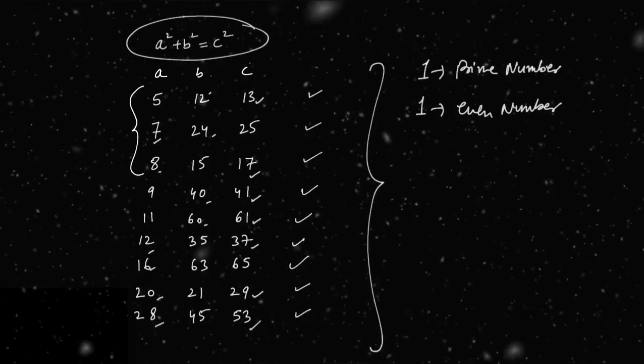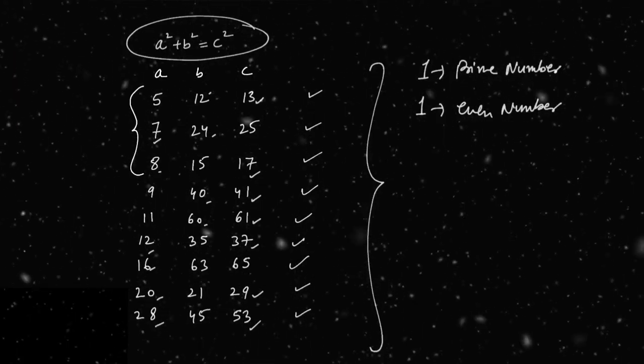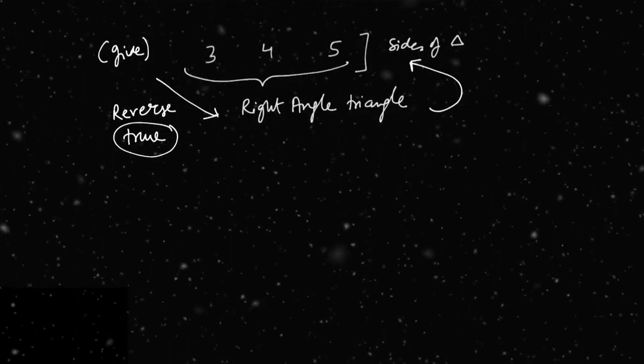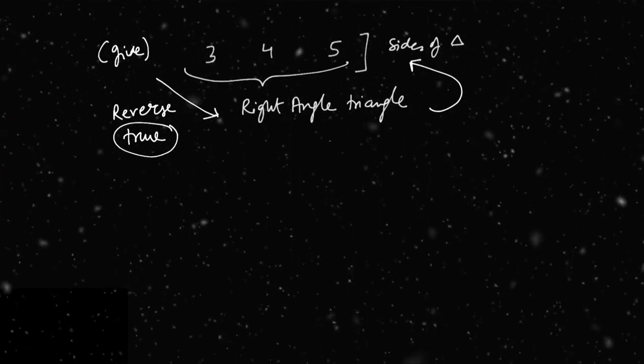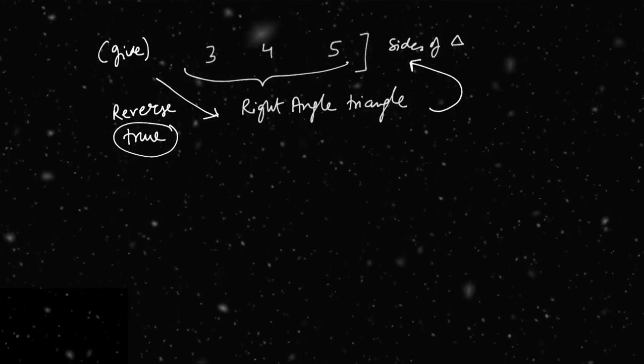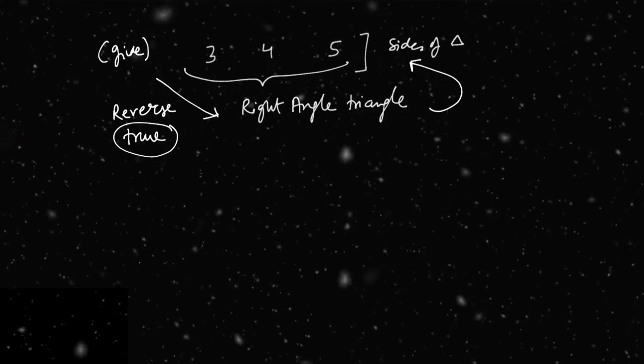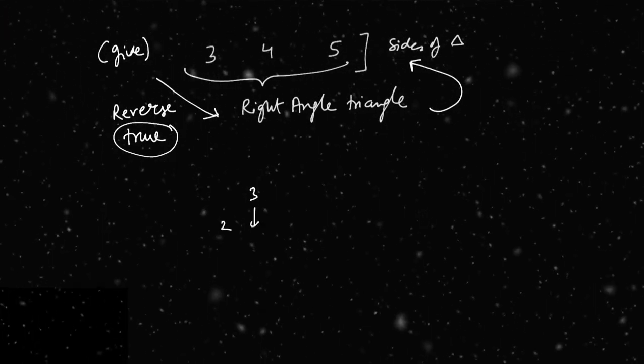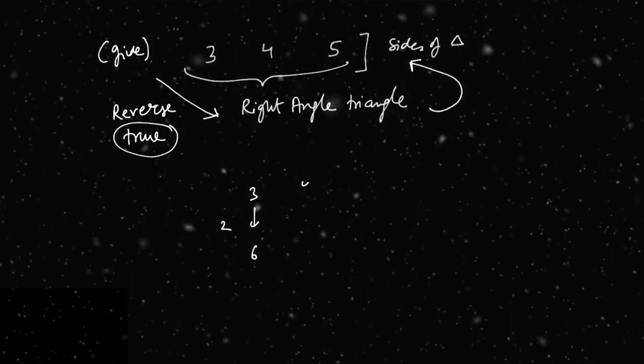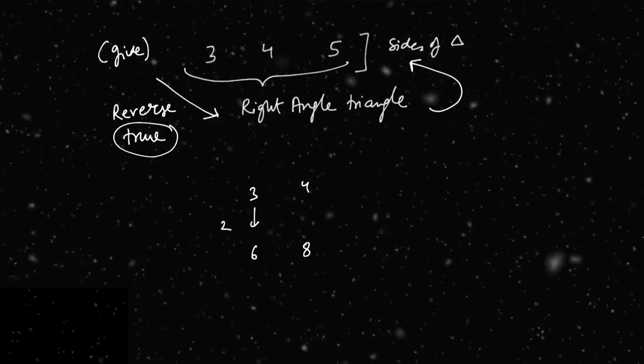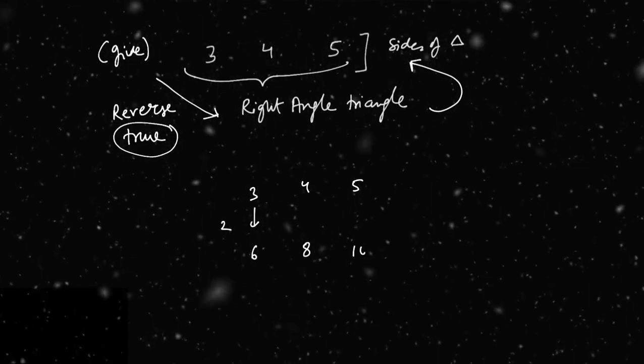And one more very important thing to note is that the multiples of the triplets we have will also satisfy the Pythagoras theorem. Like if we multiply 3 by 2 we get 6, 4 by 2 we get 8, 5 by 2 we get 10.